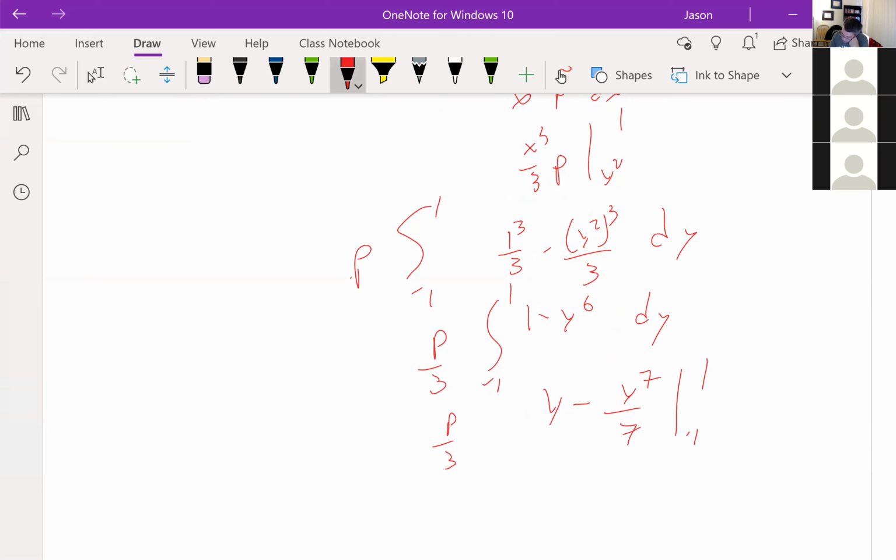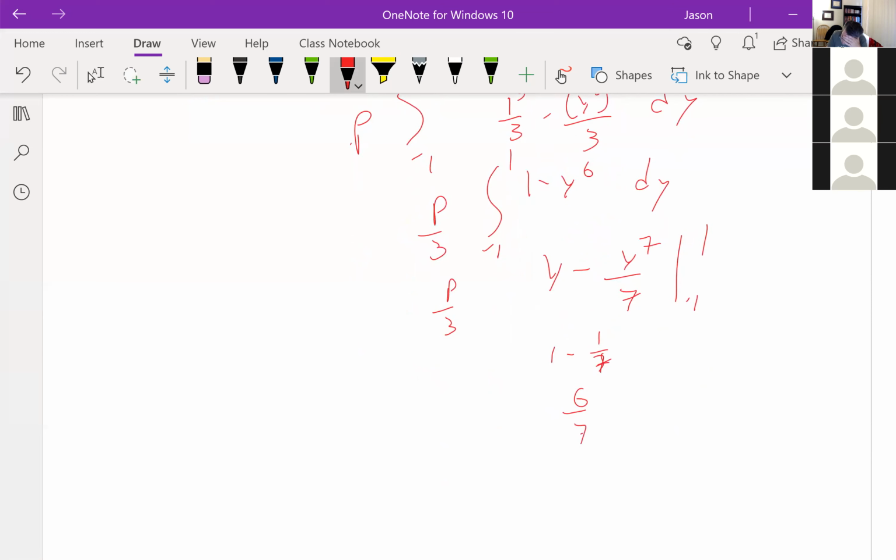So this is going to be 1 minus 1/7, which is 6/7, plus another 6/7 for the same reason that we did last time. So that's 12/7 divided by 3, which is 4p over 7.